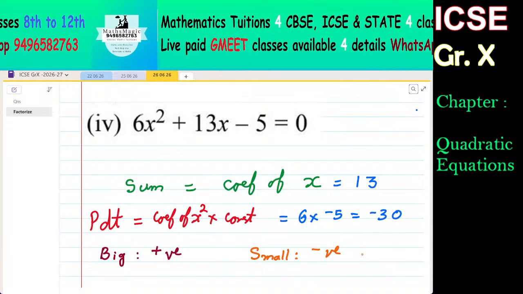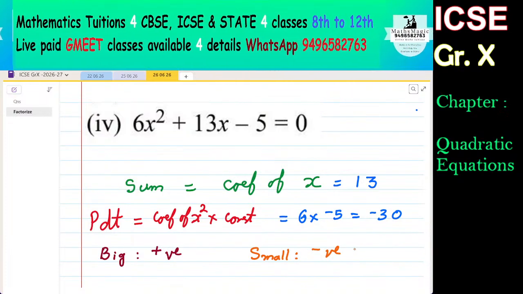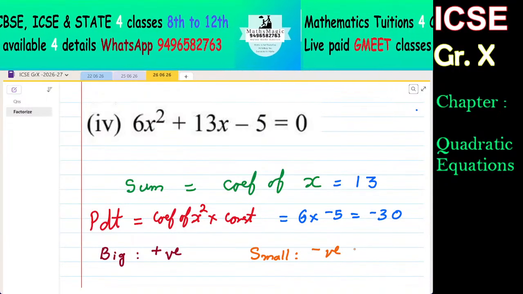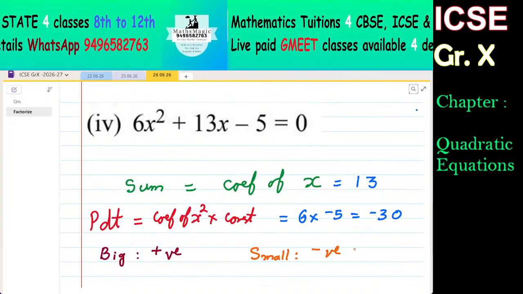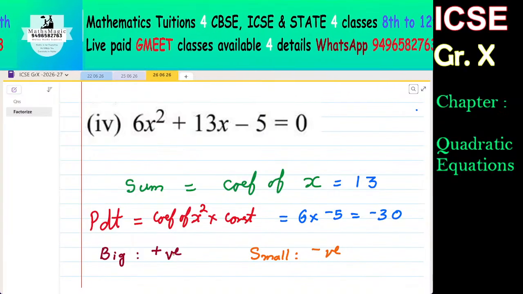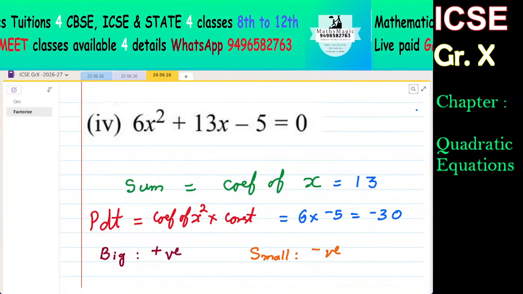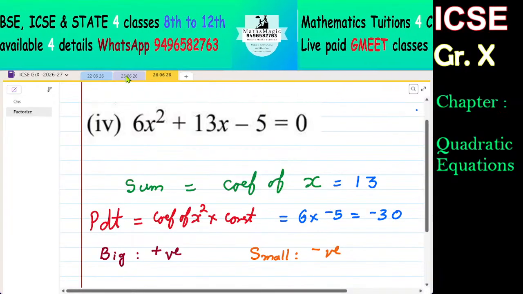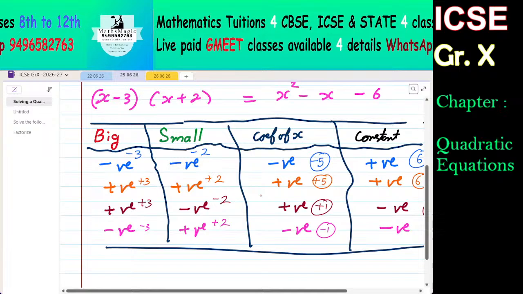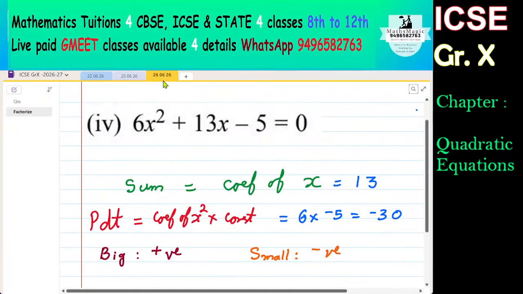So we have to consider two numbers, a big number and a small number, and give the sign positive for the big number so that the sum will be positive, right? Is that okay? See, the product is negative, sum is positive. This is the case.